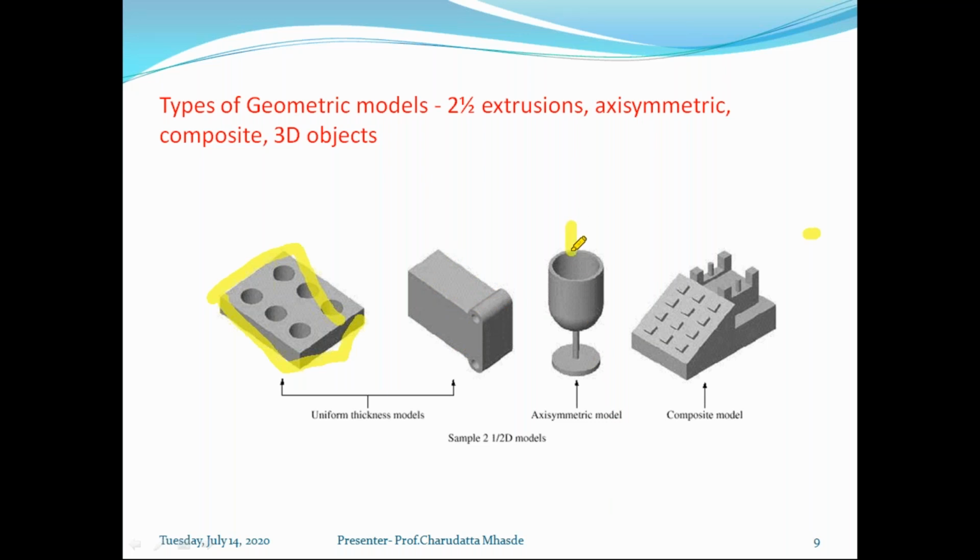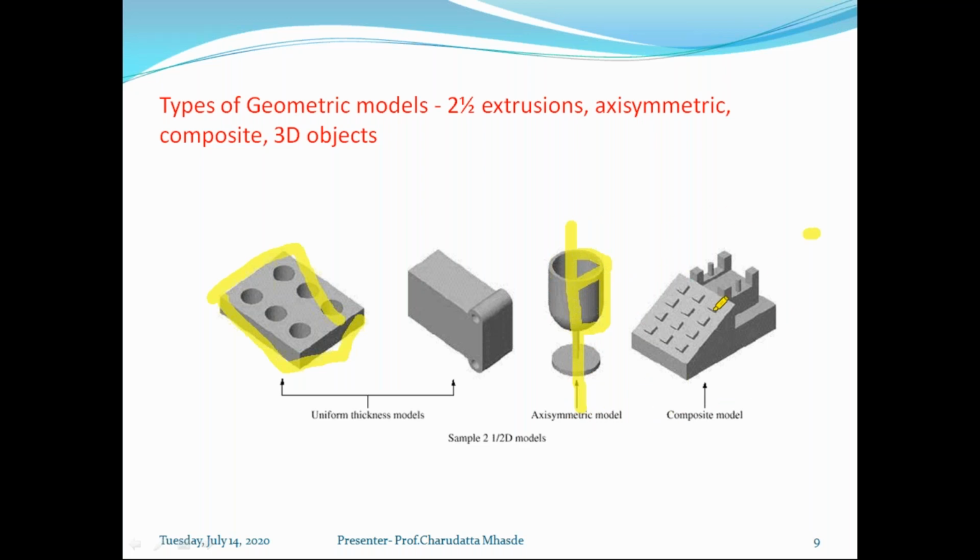This is also a 2.5D model. Along this particular axis, this profile is generated. Once this profile is generated, it can be revolved. And very interesting thing is, you can revolve around 90°, 180° or so. You can drag that icon and add material as per your requirement. So this is called an axis symmetrical model.